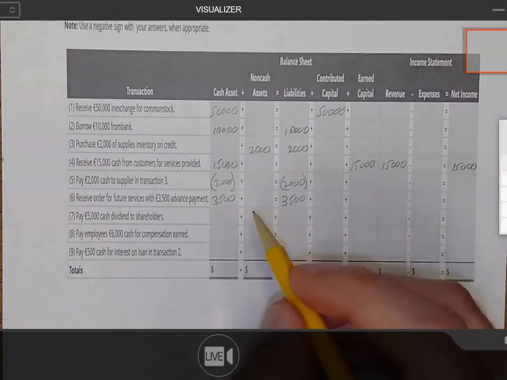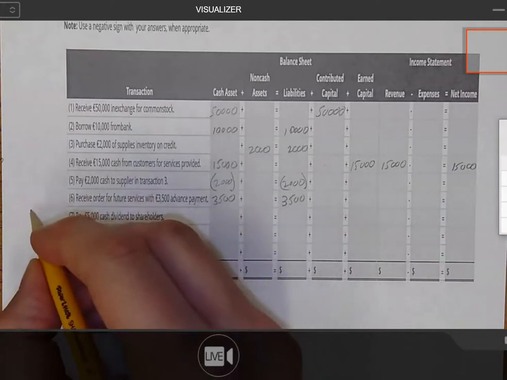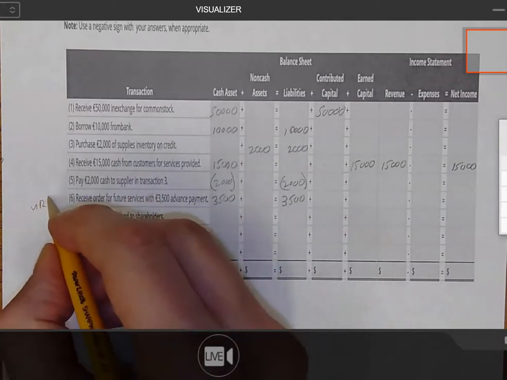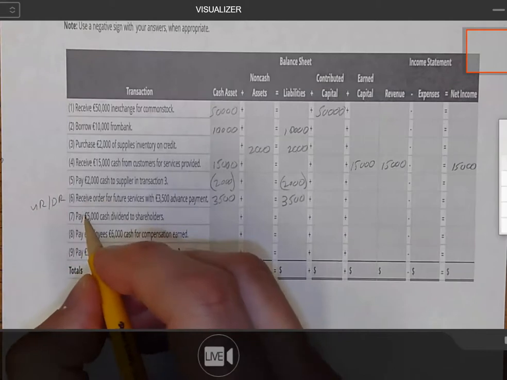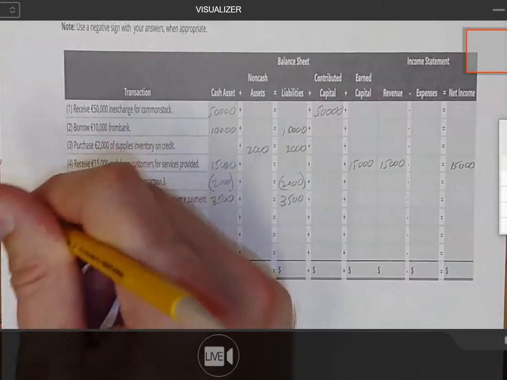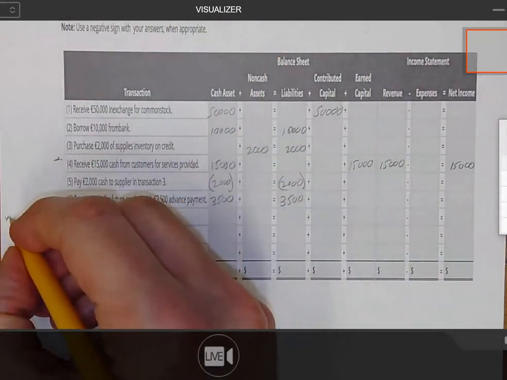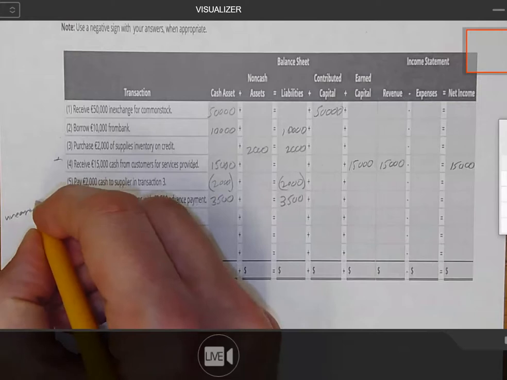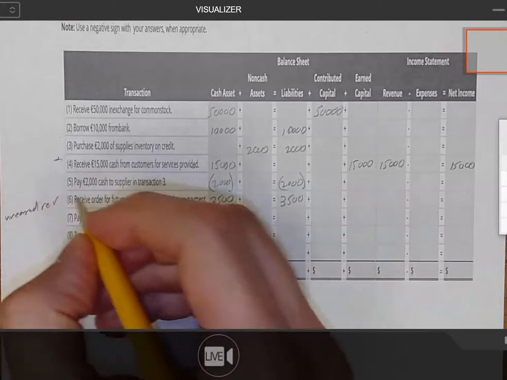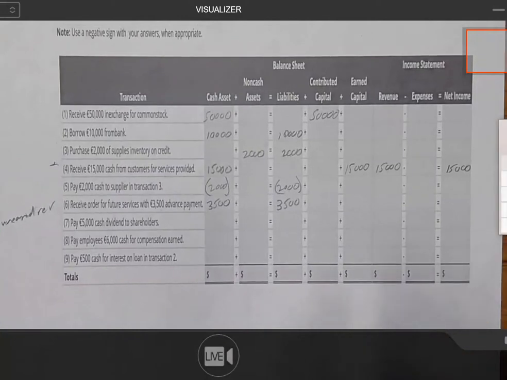Make sure you understand that this number 6 is what we call unearned revenue or deferred revenue. Actually, I shouldn't use DR because that stands for debit. So I'm just going to call this unearned revenue. If I try to get any more in there, I won't be able to fit it.